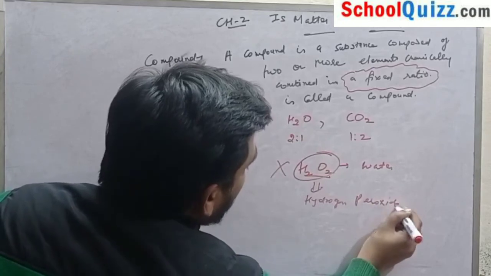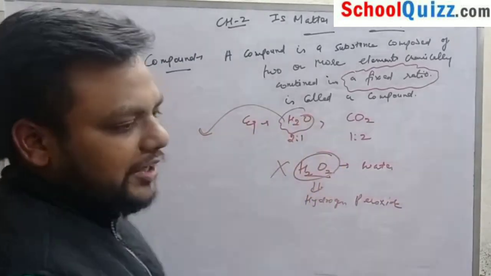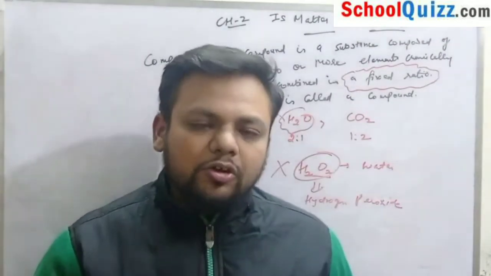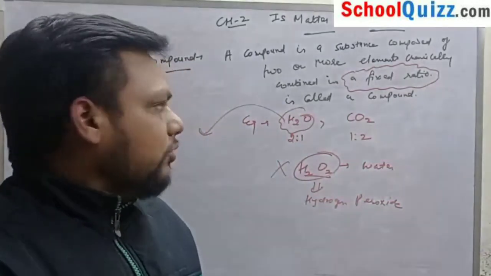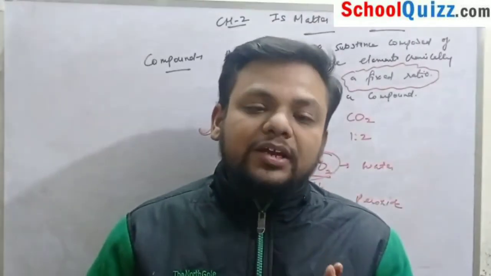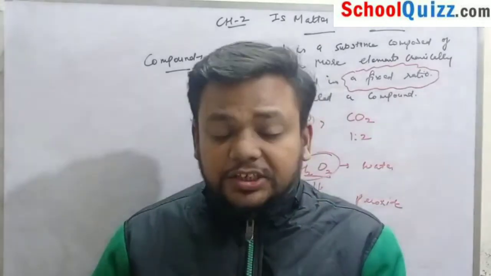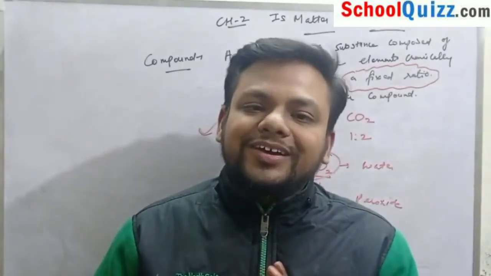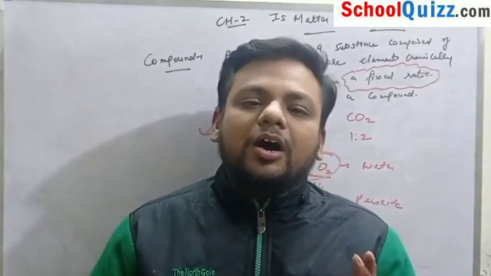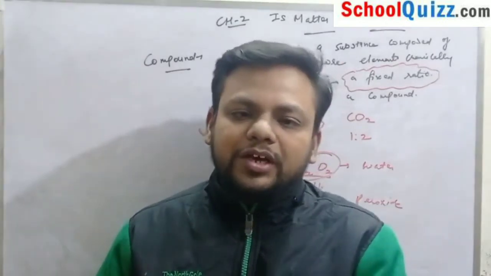So we can see that the ratio is fixed, 2:1 by atoms. So what is a compound? A compound is a substance composed of two or more elements chemically combined in a fixed ratio. Examples: water, carbon dioxide, carbon monoxide, ammonia, etc. All these are examples of compounds.